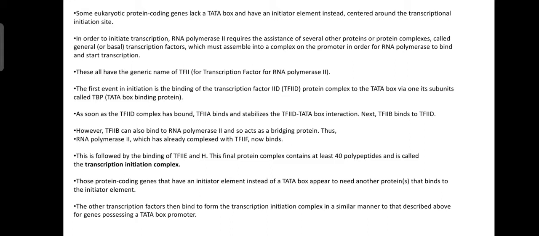In order to initiate the transcription process, RNA polymerase 2 requires the assistance of several other proteins or protein complexes. These protein complexes are called transcription factors, which will assemble into a complex in the promoter region in order for RNA polymerase to bind and start the transcription.